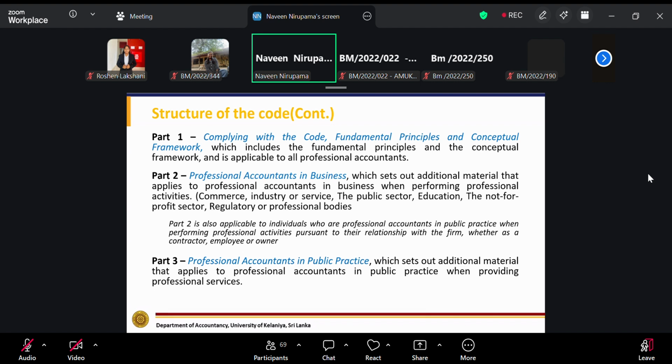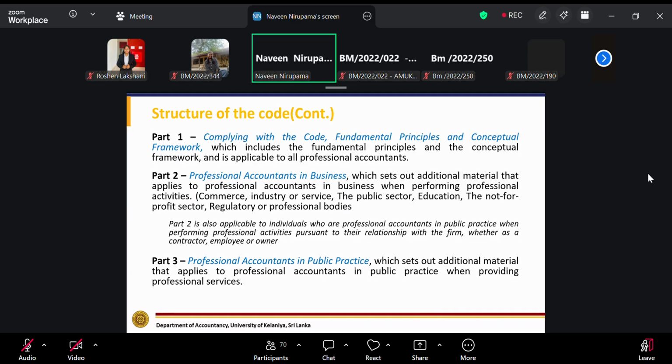Later, we can discuss what the fundamental principles are that a professional accountant should follow. I think you remember objectivity, integrity, professional behavior. Likewise, you can study five fundamental principles that the professional accountant should follow. Those are developed as per the conceptual framework, and all professionals should follow these fundamental principles.